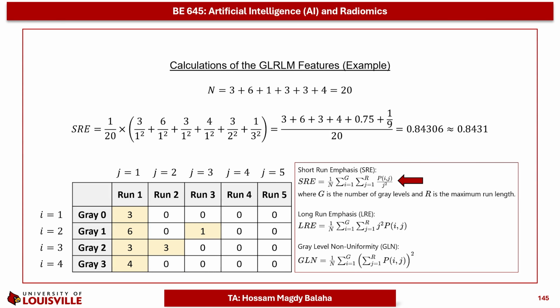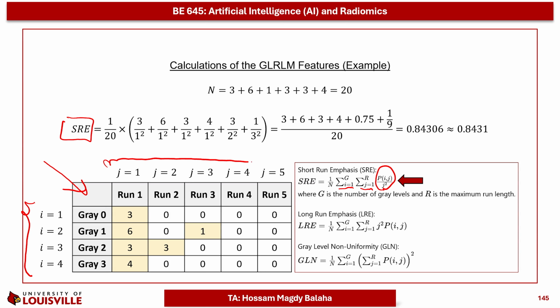For example, to calculate the short run emphasis, we have the formula of summation, P divided by J square. So this is our run length matrix. To make it easier for you, G are the gray levels, so the counter I will be for the gray levels. Here set the I values starting from 1, but in Python it will start from 0, so be cautious.